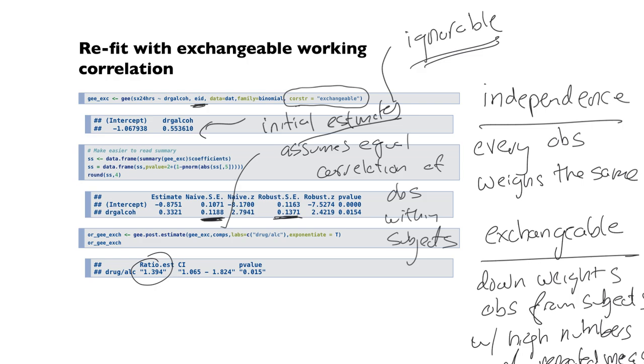It's stabilized. And it does the same within the independence and exchangeable approach? Yes, it's the same. So for exchangeable, when it gets to the inference, it also doesn't assume anything when it gets to the standard error. So the standard error part is the same no matter what your working correlation. Of course, there are different estimates, so they won't give you the same standard errors necessarily.